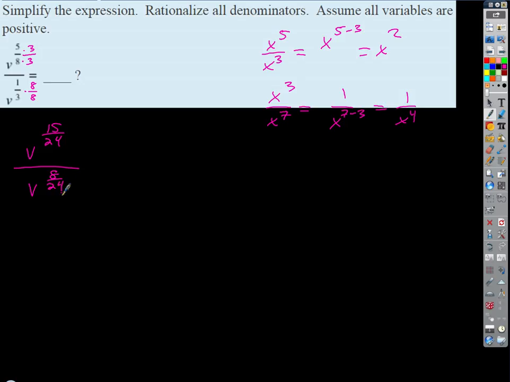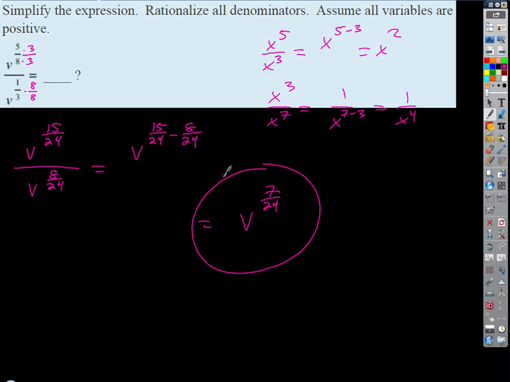And now it's obvious, 15/24 is bigger than 8/24, right? So we're going to keep the base on the top, and 15/24 minus 8/24 is how much? Seven 24ths. And 7/24 can't be reduced, so that's my answer, right? That's all you do, just subtract the fractions.